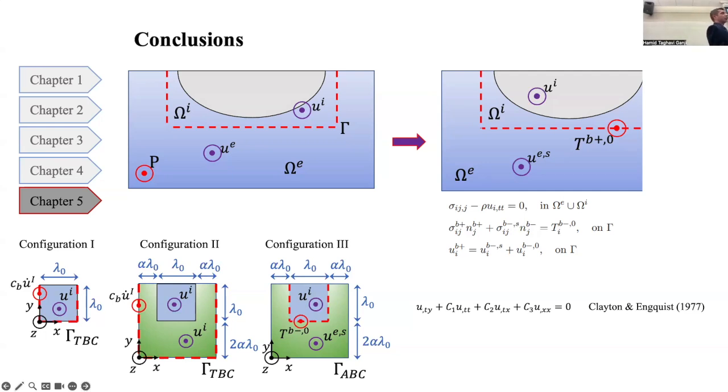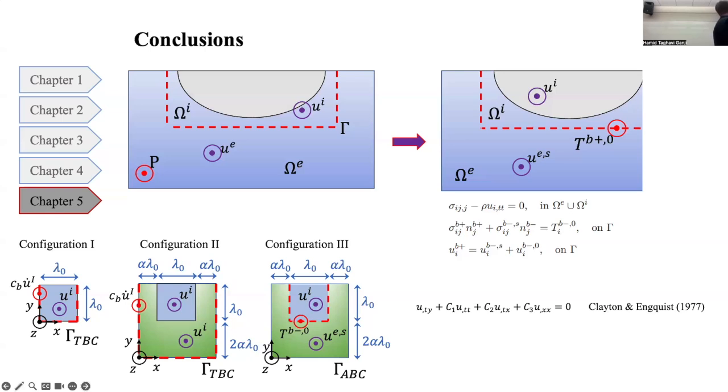However, the limitation of this work was that because we used the Lysmer dashpot, which is a first order local absorbing boundary condition, we noticed that the performance of the TBCs is not good. But one can use higher order absorbing boundary conditions such as Clayton, whose performance is much better than the Lysmer boundary condition, and generate new transmitting boundary conditions.